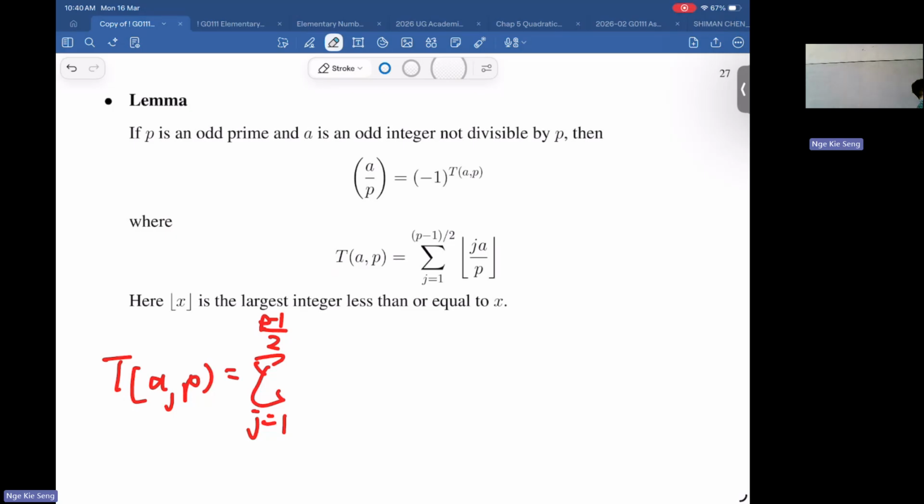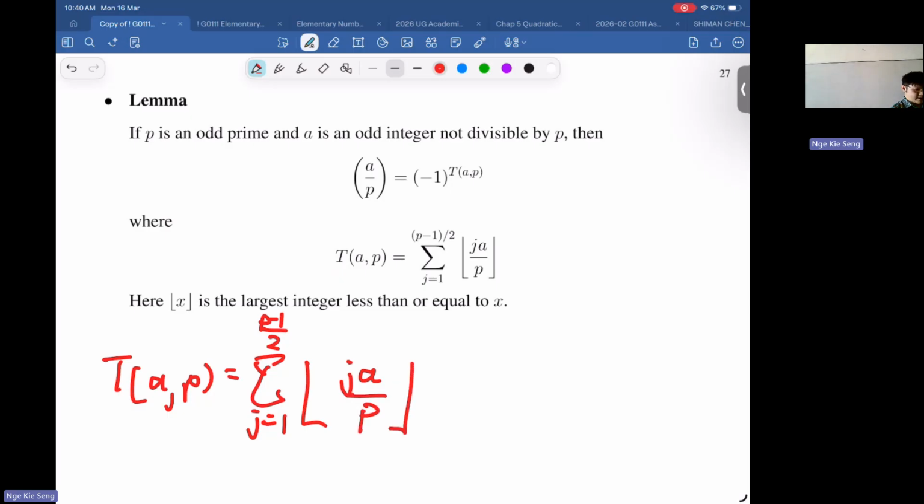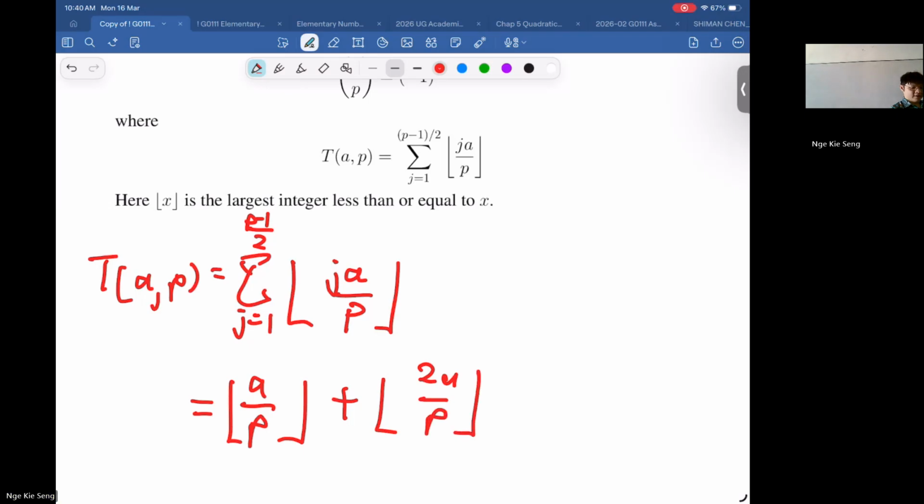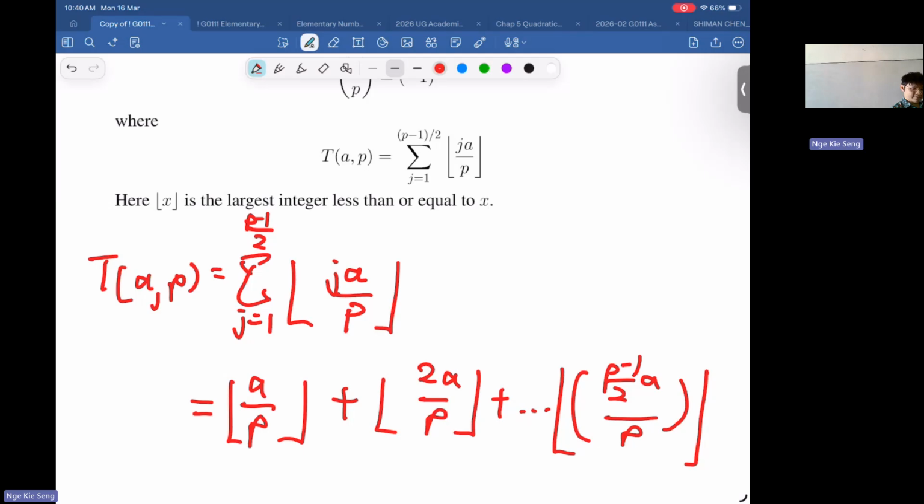And then you look at this floor here. You multiply your j with a and then divide by p and then take the floor. So the first term you will get is the floor of a over p. The second term will be the floor of 2a over p, and then all the way up to p minus 1 over 2 times a over p, and then take the floor. Does it make sense?